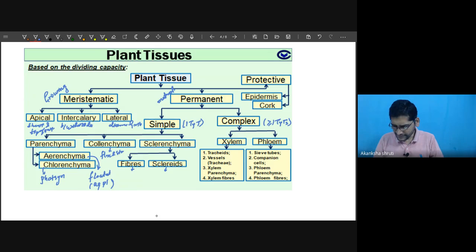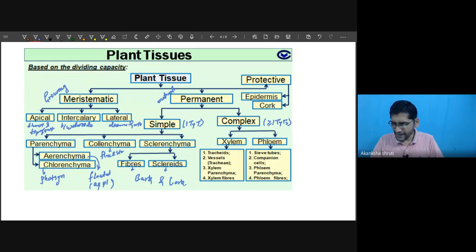So these are collectively forming the bark. And further, once the bark gets too old, it becomes dead and gets converted into the cork. So mostly these sclerenchyma are dead tissues, meaning they do not have a nucleus.